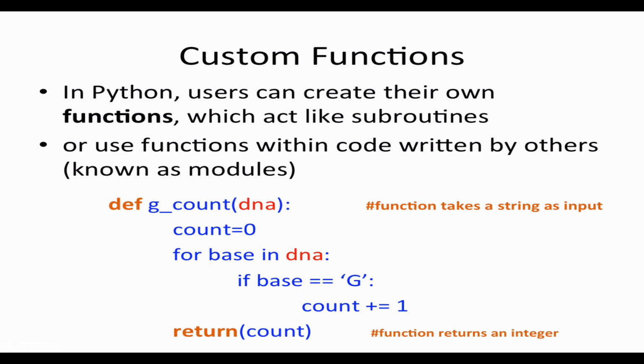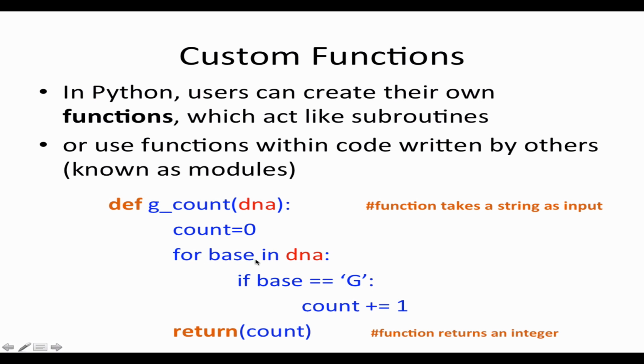Okay, so I'm going back to this idea of counting G in a DNA, and I'm assuming now that DNA is a variable that contains a string, which presumably has DNA letters as the contents of that string. All right. In this case, I'm setting a count variable to 0 before I create a loop.